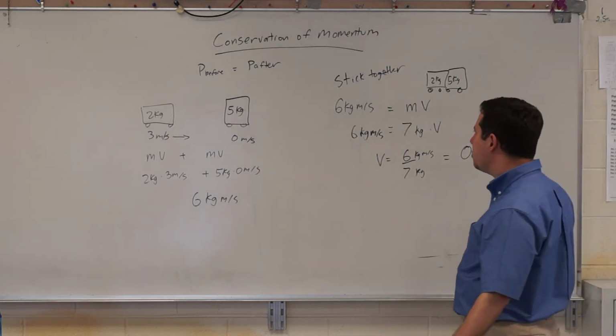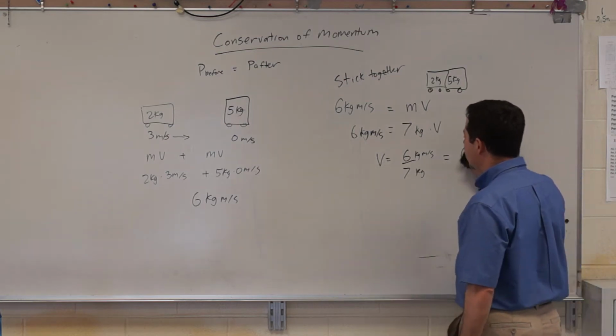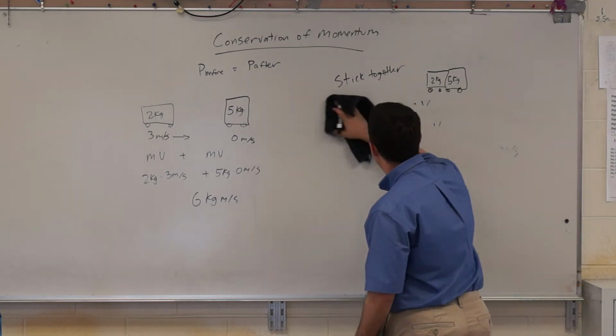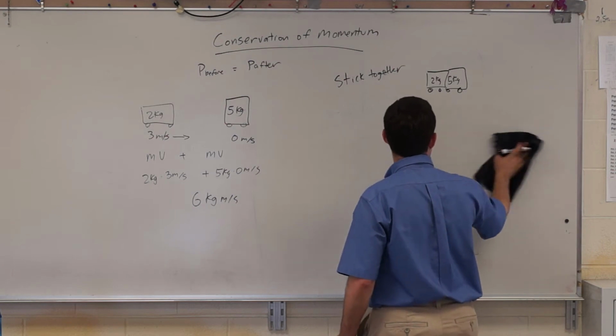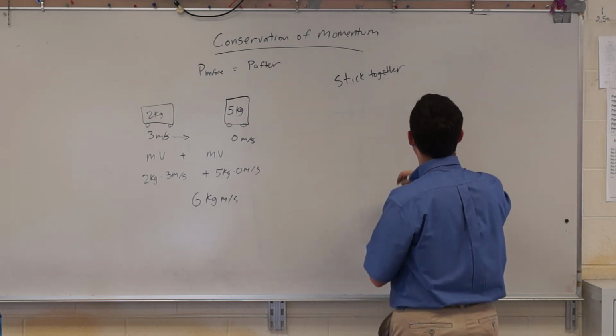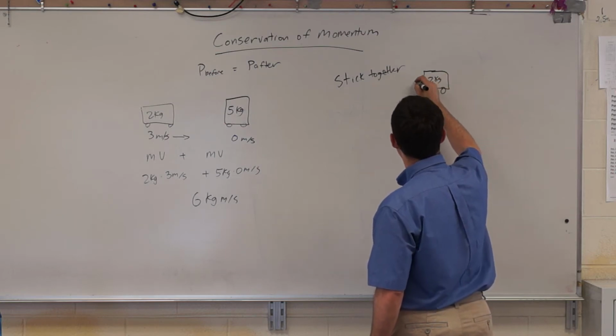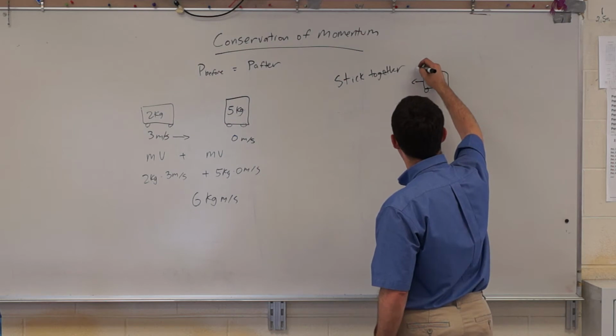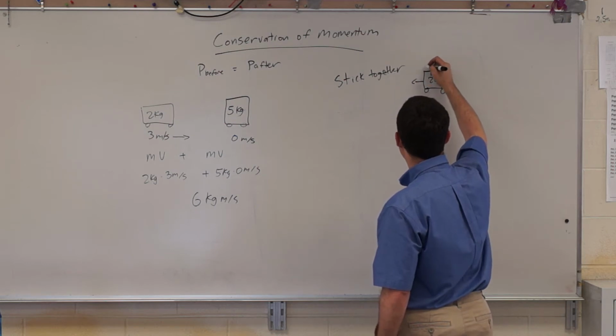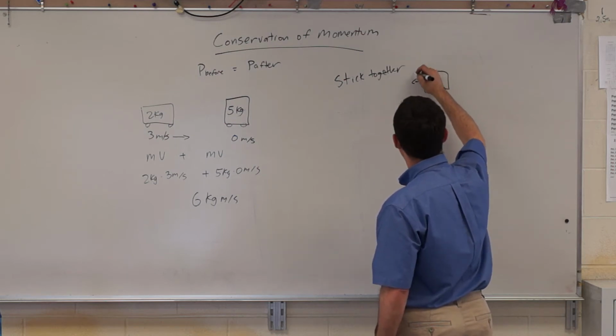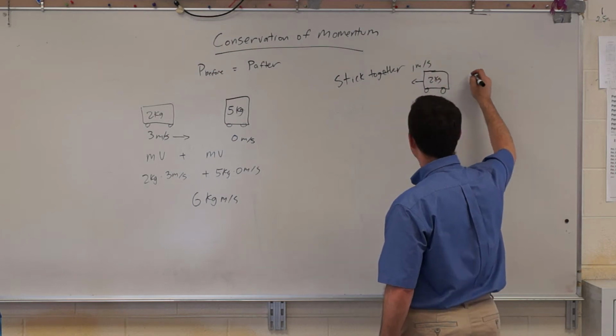Now let me give you an alternate scenario. Maybe they don't stick together. Maybe what we see is car 1, the 2 kilogram car, is going backwards at 1 meter per second.